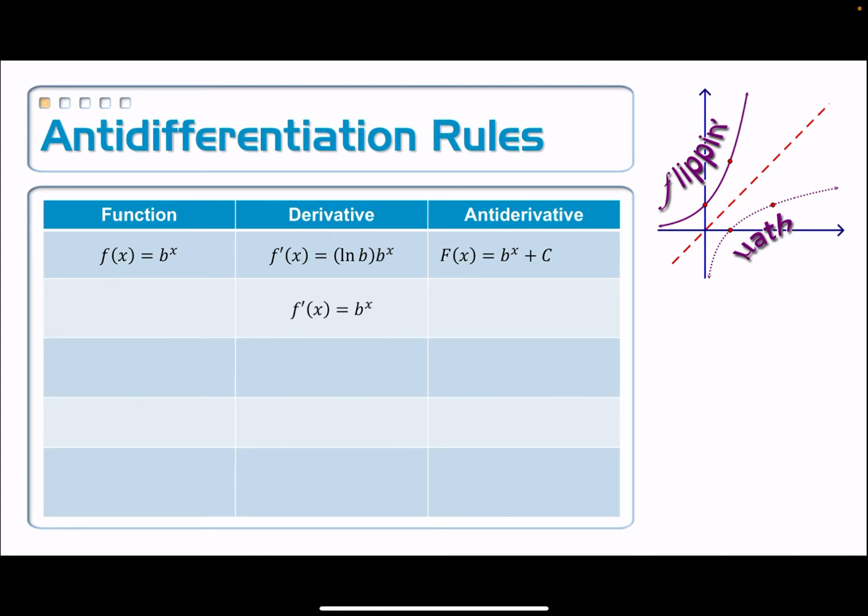Usually you're just going to see it as b to the x, and it's going to be missing this thing. Okay, so that means that the original function must have been b to the x divided by the natural log of b. So the antiderivative of this is b to the x divided by the natural log of b, plus c. Let me explain why that happens.